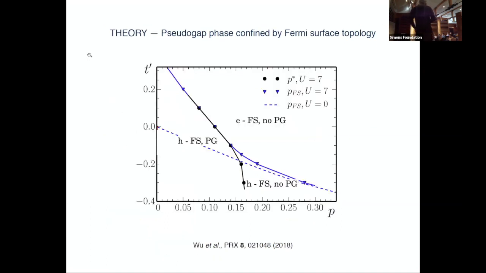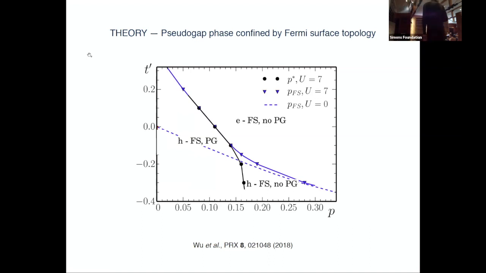And interestingly, in the work of Antoine's group, they did a calculation where in the Hubbard model, putting in the interactions, they saw a very large renormalization or shift of the line at which you expect to go from hole-like to electron-like. In other words, the Van Hove point actually is affected strongly by interaction.